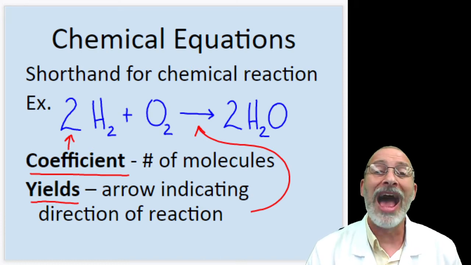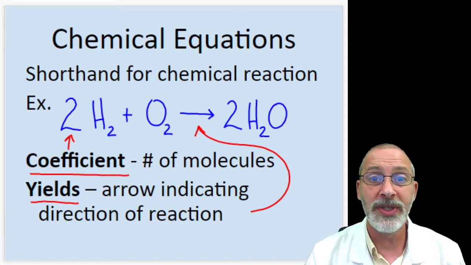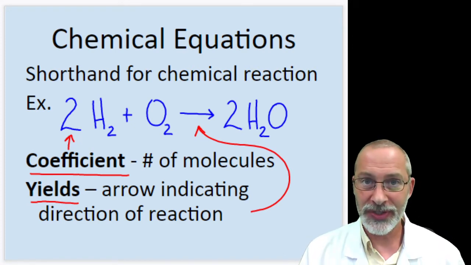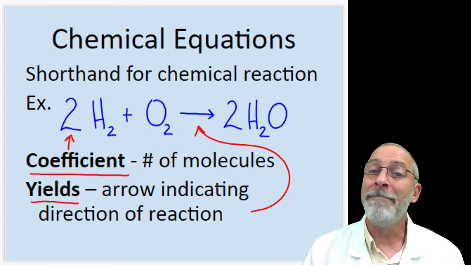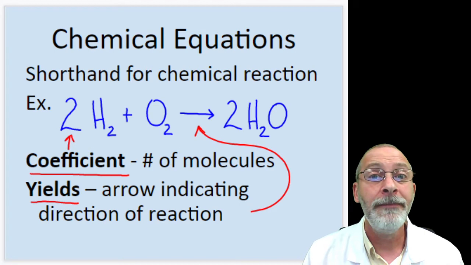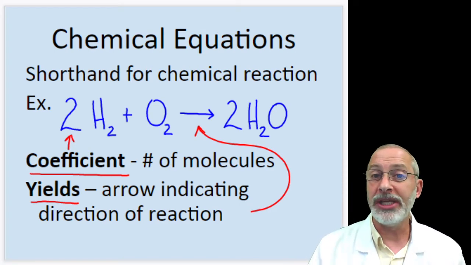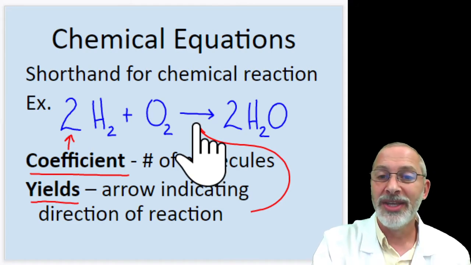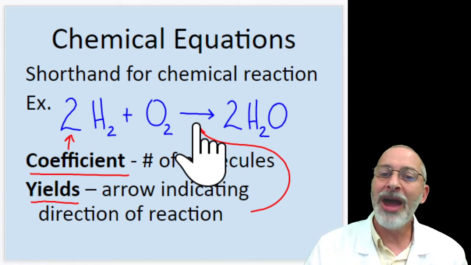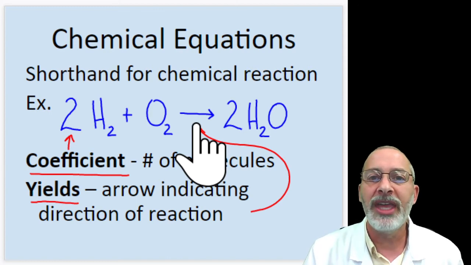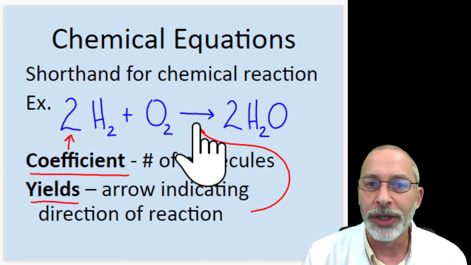Now, what about this arrow symbol? Well, the arrow symbol is read as the word yields. Unlike a math equation where you have an equal sign, in a chemistry equation, you have a yield symbol. The arrow indicates the direction of the chemical reaction.